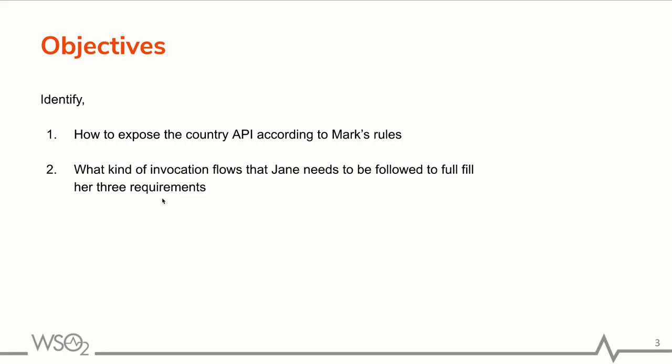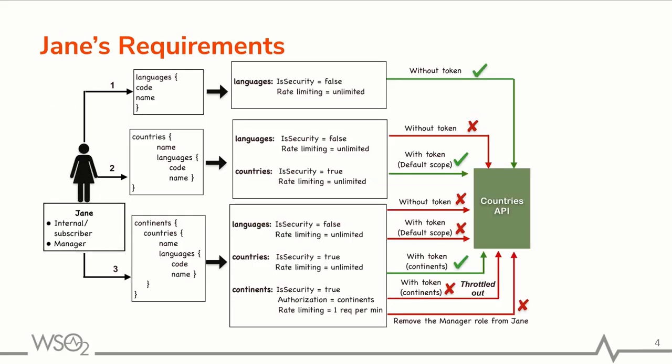The second objective is to identify what kind of invocation flows Jane can follow to fulfill her 3 requirements based on the rules enforced by Mark. As the first requirement, Jane needs to retrieve the code and name of all languages. When Jane tries to invoke the API without a token, the request is successful as the security has been disabled for languages.